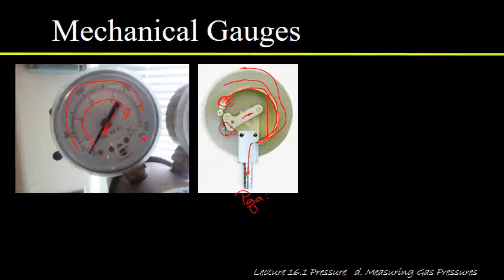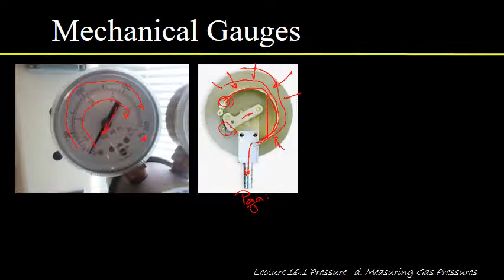But there is one more thing that's happening here that's kind of important, is that while the gas pressure is inflating the inside of the tube, atmospheric pressure is pushing on the outside of the tube, because this gauge here is not sealed. So you've got atmospheric pressure in the back of this little gauge mechanism.